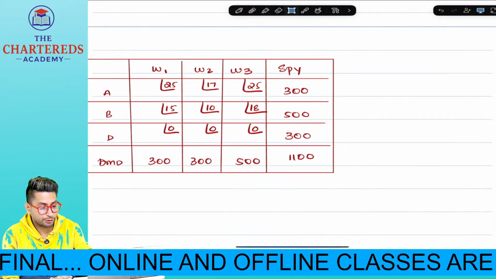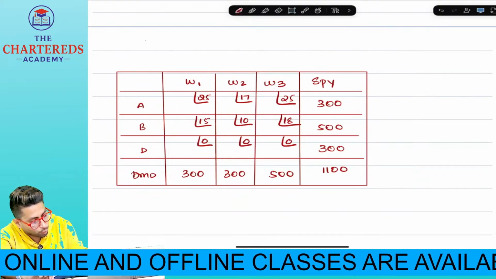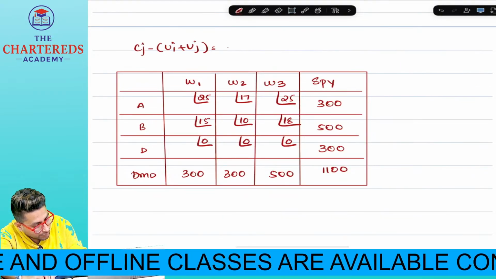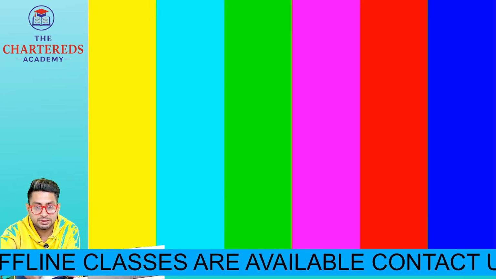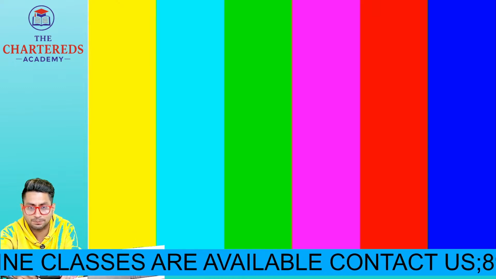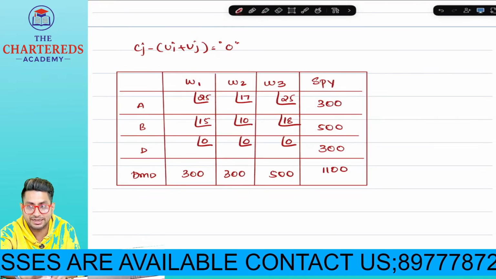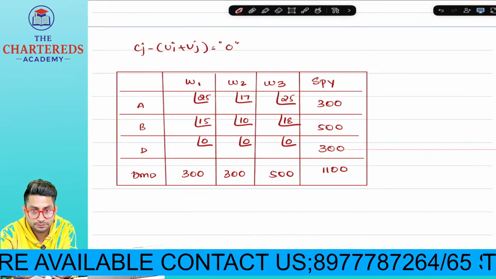Now, as I already told you, an alternative solution will be possible only when the Cj minus ui plus vj values have a 0. If 0 is there, then only it is possible. If 0 is not there, then it is not possible. Now check the final Cj minus ui vj values and tell me whether any 0 is there or not, in the fifth question.